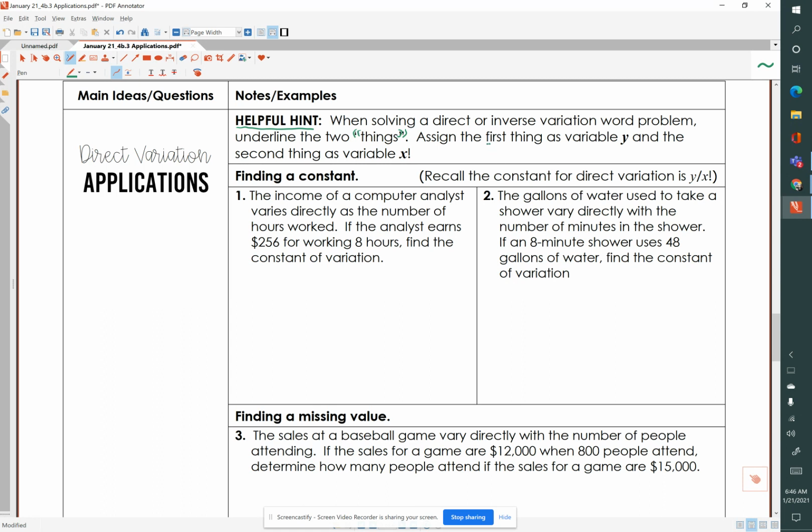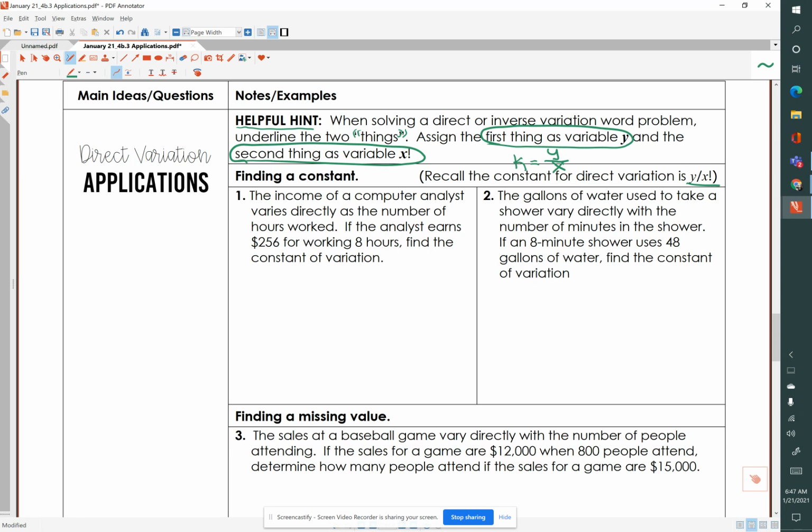So assign the first thing as variable y and assign the second thing as variable x, because these problems are generally written in the way that I'm going to present them to you today. Now, also, just a little review, the constant for direct variation is y divided by x. So let's keep that in mind.